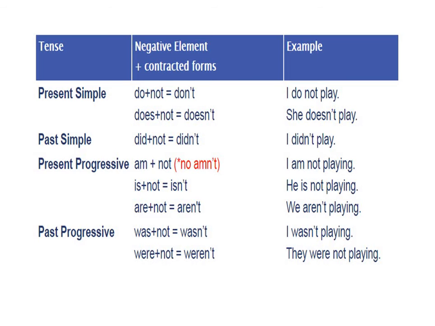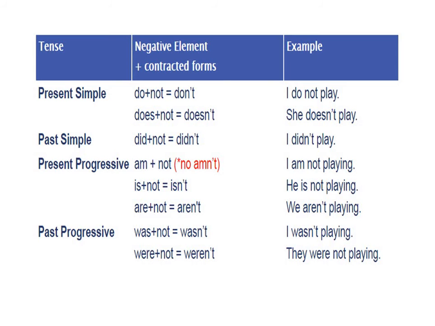Present simple, we have do not, contracted form don't, does not, contracted form doesn't. I do not play, she doesn't play. Or I can say I don't play. Past simple did not, or we can say didn't. I didn't play or I did not play.